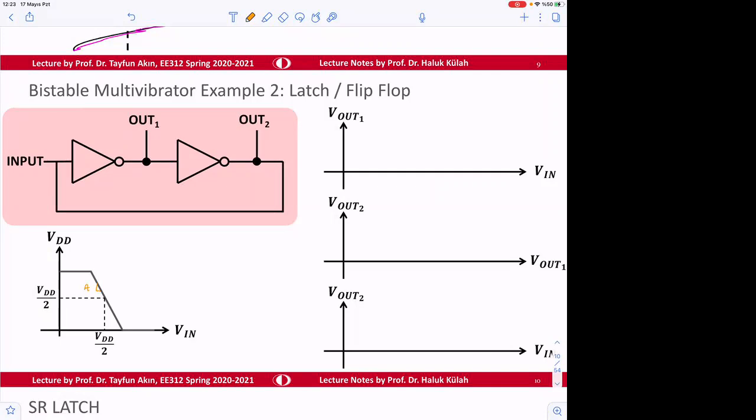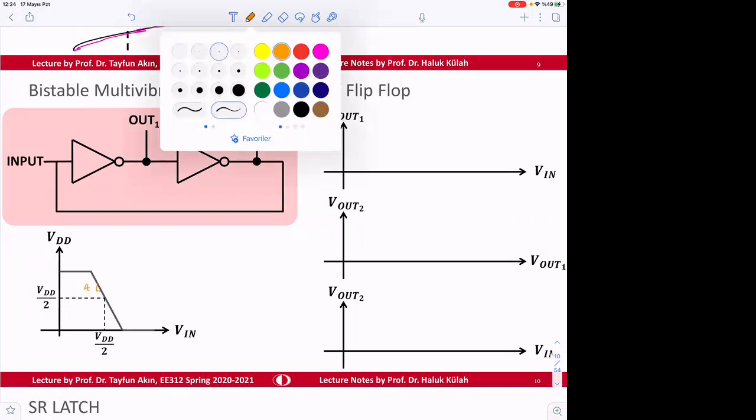So what happens here? Do we still have the same concept? One stable or two stable, one unstable state. Yes, that's what you obtain also here. So if the V in V out graph is formed, let's draw this.